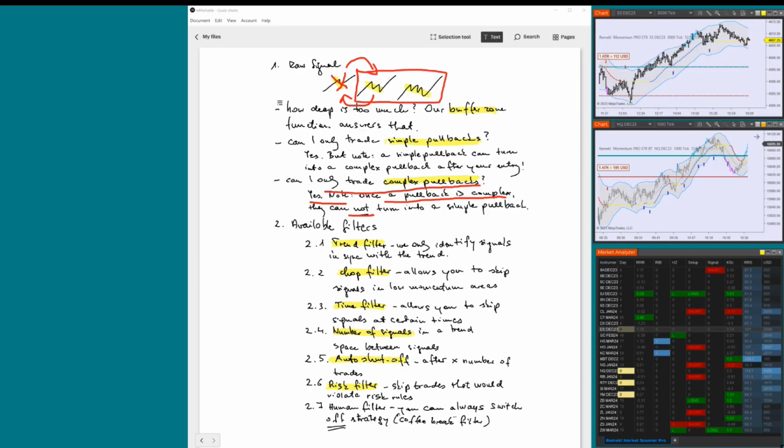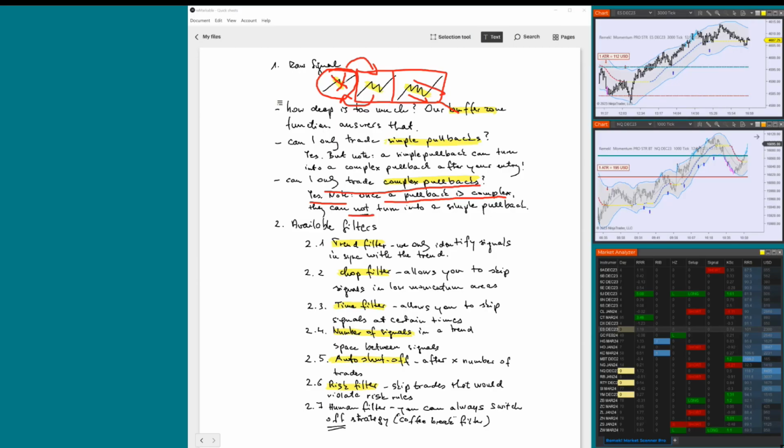So once you decide to only trade complex pullbacks, you're good. You can still get stopped out, of course, because a third or a fourth leg will be possible. So it doesn't mean that you will not have losing trades, but potentially a chunk of losing trades you will filter out, because you will not take the simple pullbacks at all.